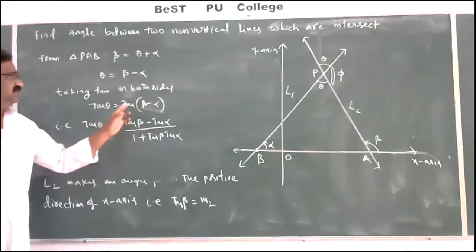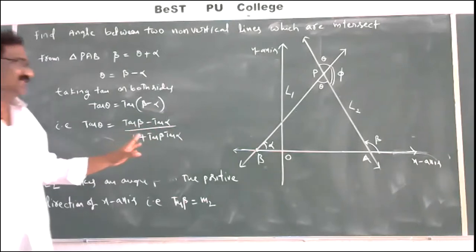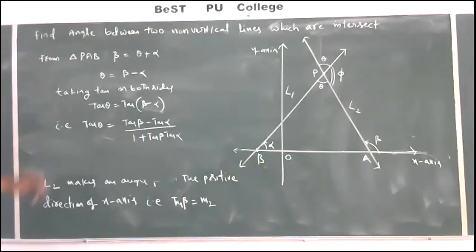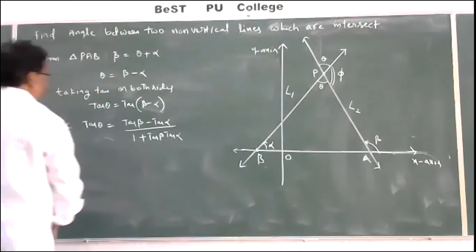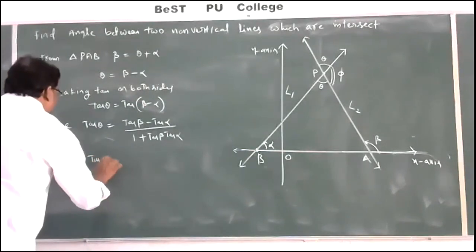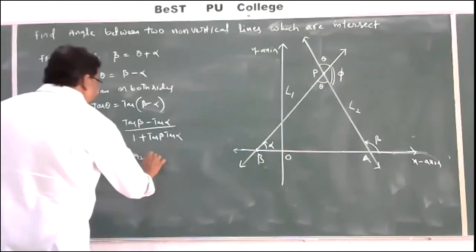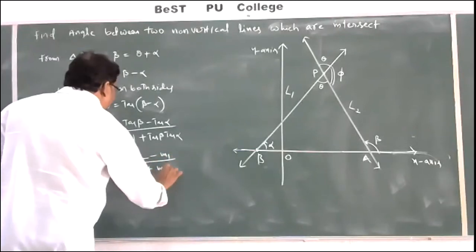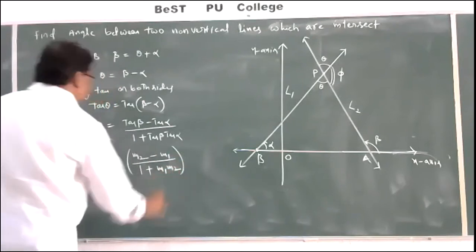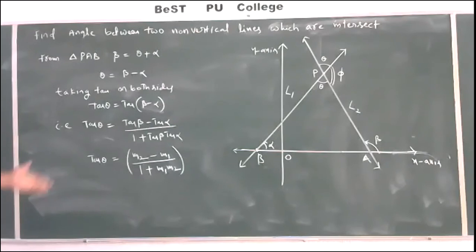From trigonometry, tan of A minus B is equal to tan A minus tan B by 1 plus tan A tan B. Like that, tan of beta minus alpha is equal to tan beta minus tan alpha by 1 plus tan beta into tan alpha. That is, tan theta is equal to M2 minus M1 by 1 plus M1 M2. That is the angle between the two lines.